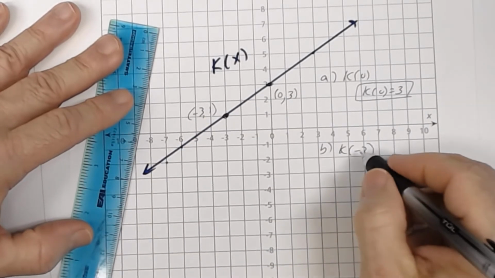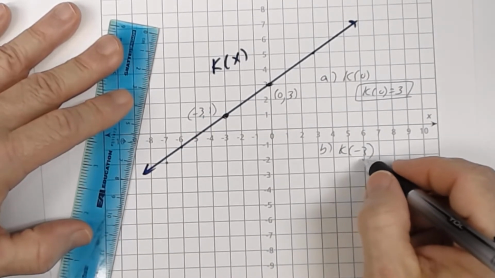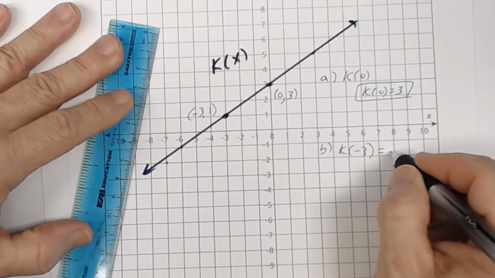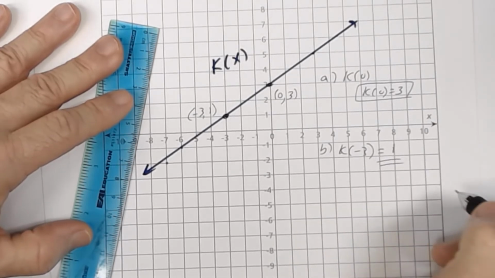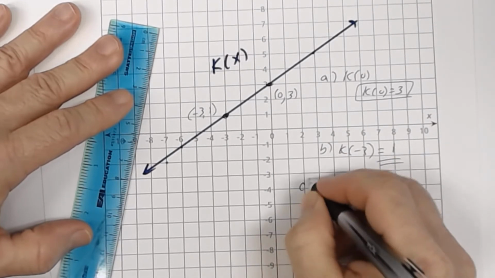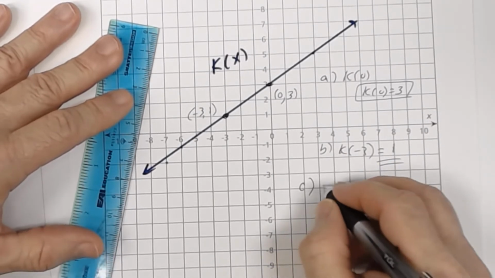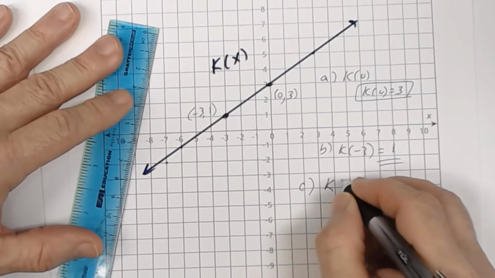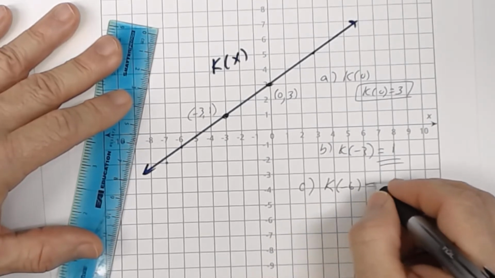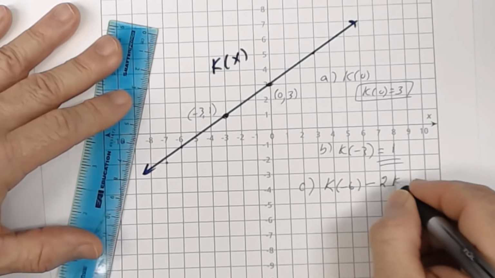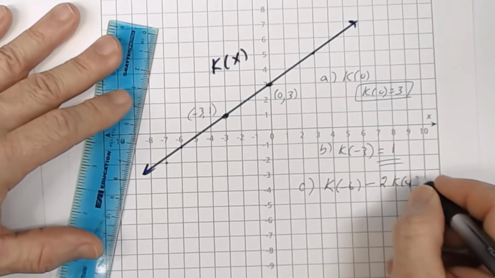So k of negative 3 would be 1. Okay, so that would be the answer there. So k of negative 3 equals 1. C, let's suppose you want to find k of negative 6, minus 2 times k of 4.